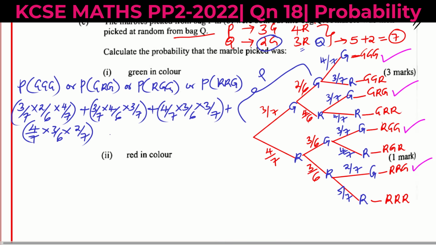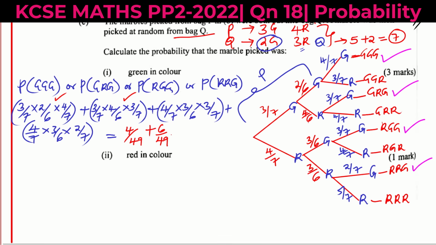So now we need to simplify these. 3/7 times 2/6 times 4/7. When you work that and simplify, that will give 4 divided by 49. Then plus, so that one is done. So this one is 3/7 times 4/6 times 3/7. That one, when you simplify, it will give 6/49.